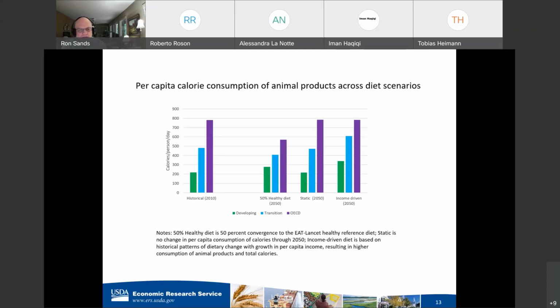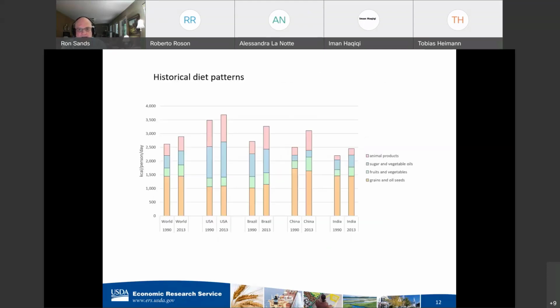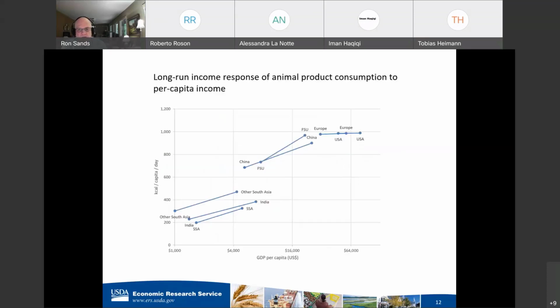One thing I should note here is there is a distinction in the model between calories actually consumed and calories available for consumption. That's why you see here in this graph that the animal products consumed in the rich countries is only approaching 800 calories per day, whereas in historical data, it's actually closer to 1,000 when you talk about food available for consumption, which includes post-retail food waste.